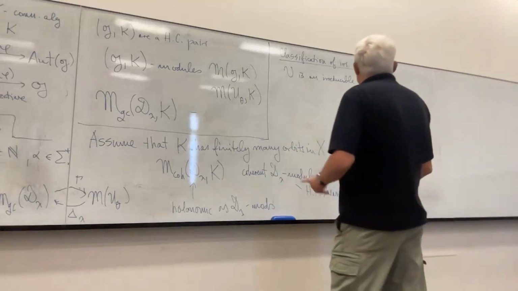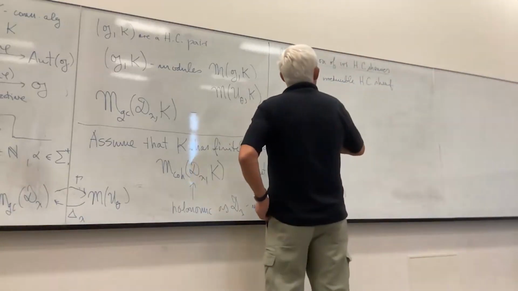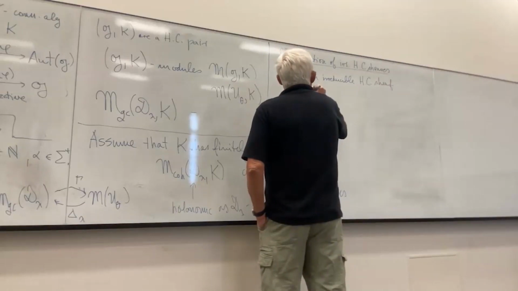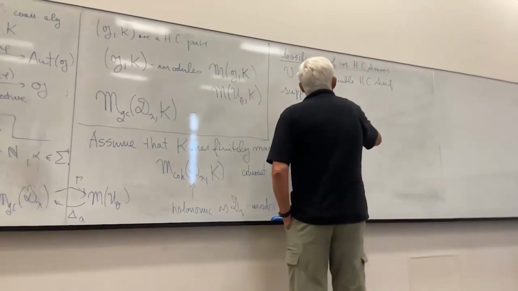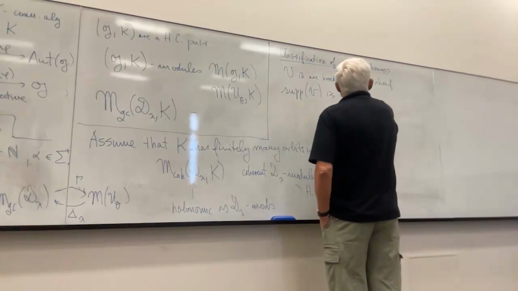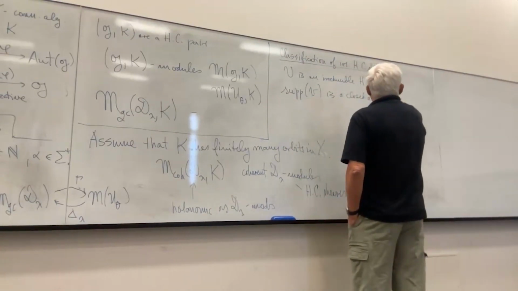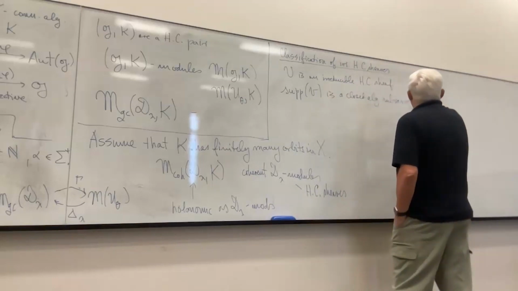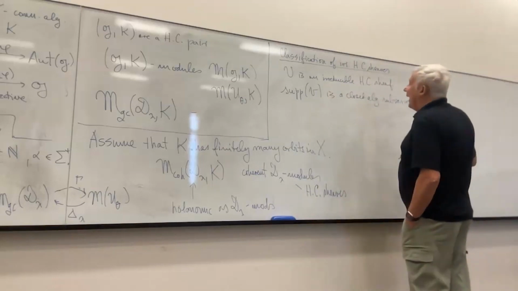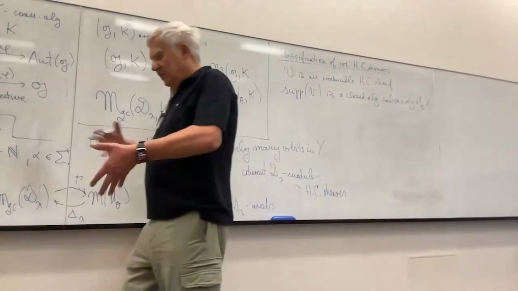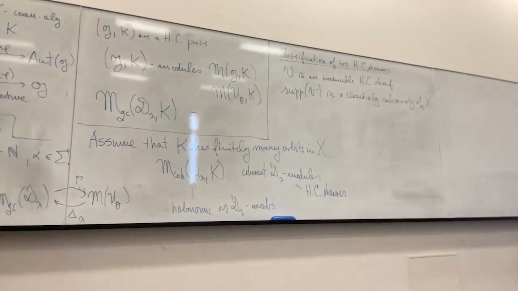So if we agree with this, then the support of V is a closed algebraic subvariety of X. And of course, because of the group action, it is K invariant.